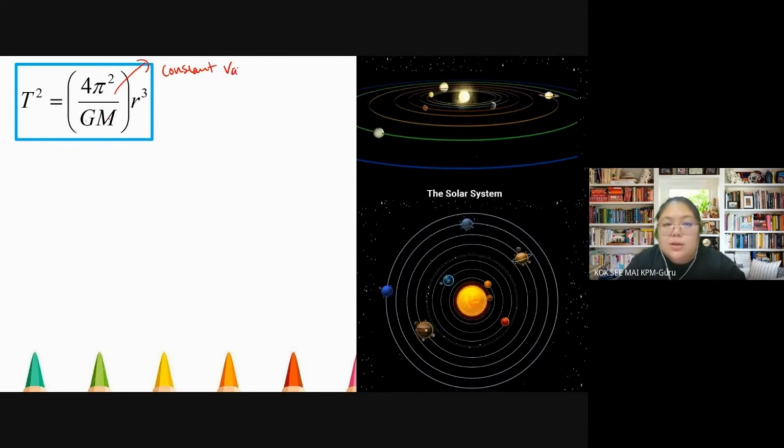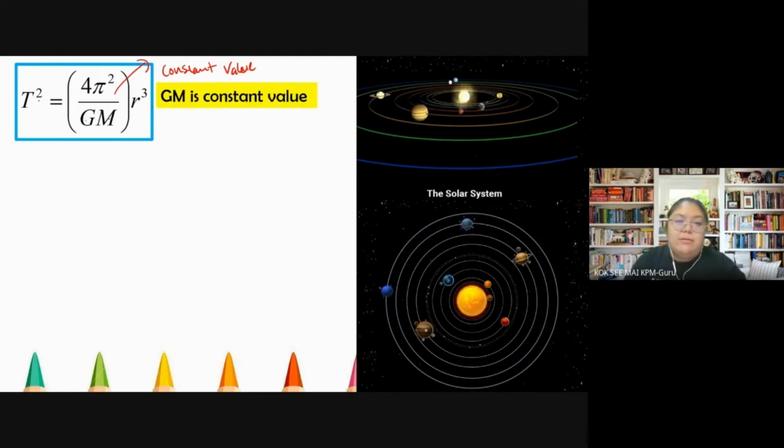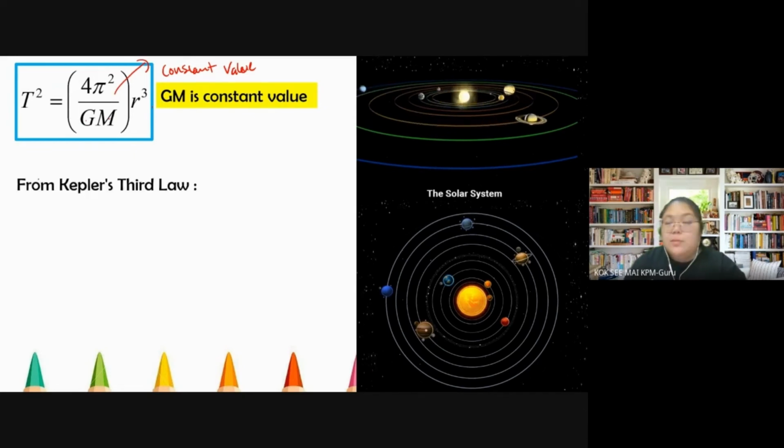What's different? Only r and t. When the planet orbits, the time taken is different and the radius is also different. The rest is constant. So from here I can write that GM is a constant value, from Kepler's third law.